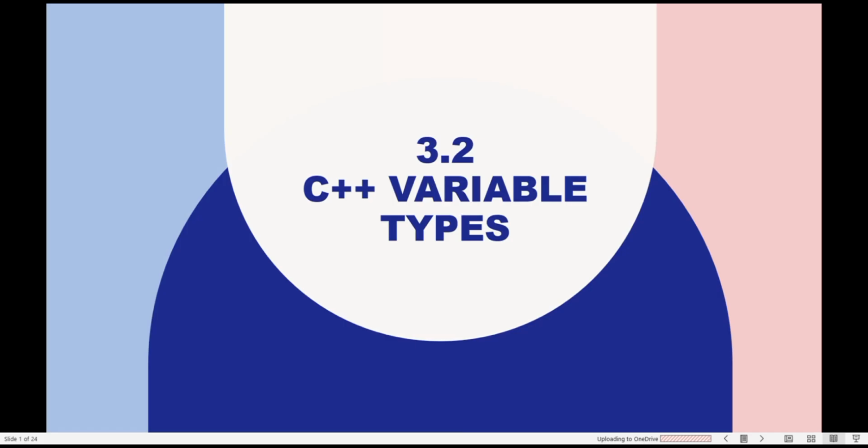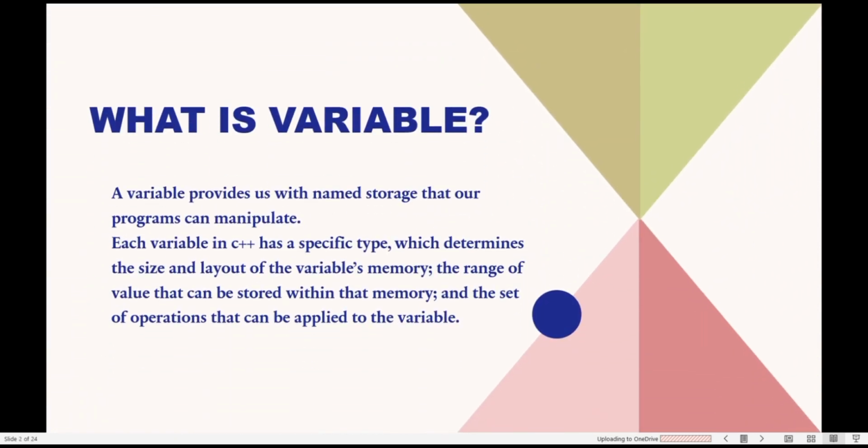C++ variable types. What is a variable? A variable provides us with new storage that our programs can manipulate. Each variable in C++ has a specific type, which determines the size and layout of the variable's memory, the range of values that can be stored within that memory, and the set of operations that can be applied to the variable.